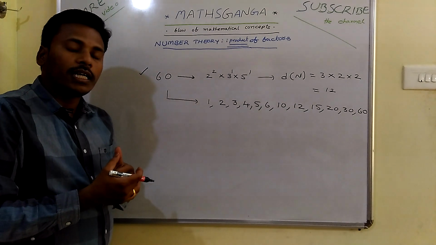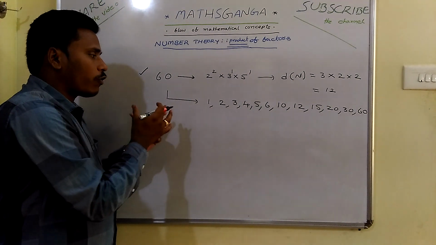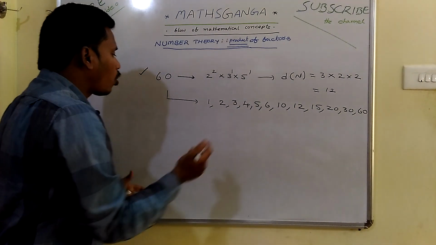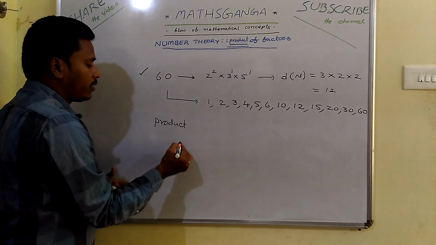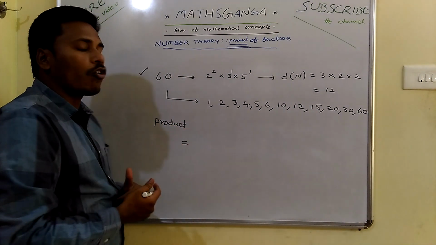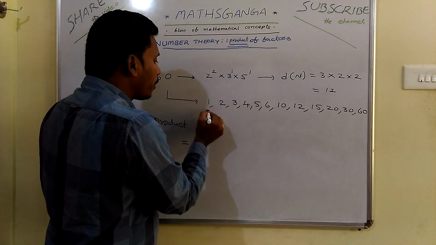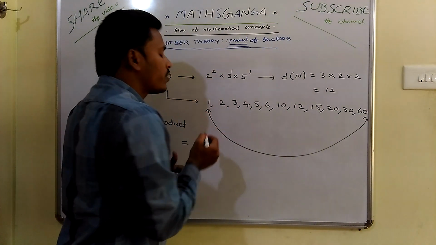These are the total 12 factors of 60, and we are going to calculate the product of all these factors. What will be the value of the product of all these factors? If you multiply 1 with 60, the product is 60.